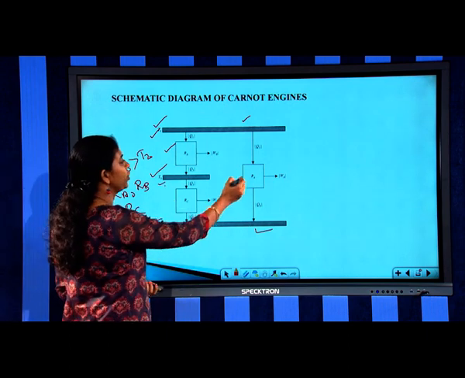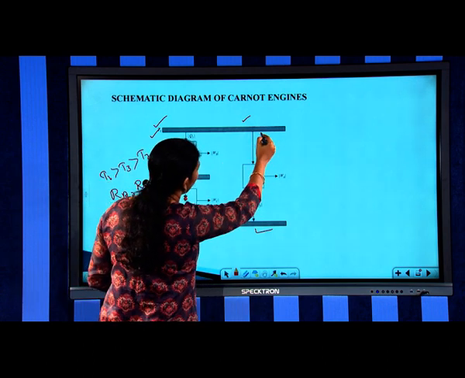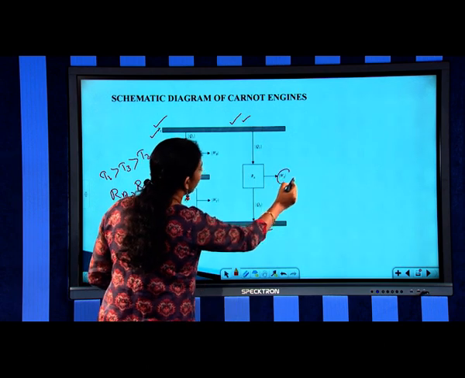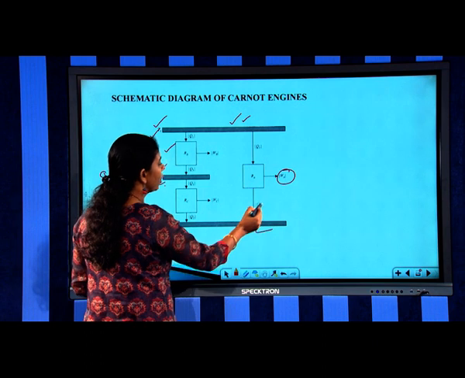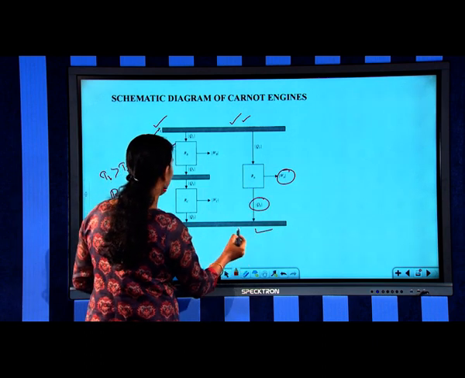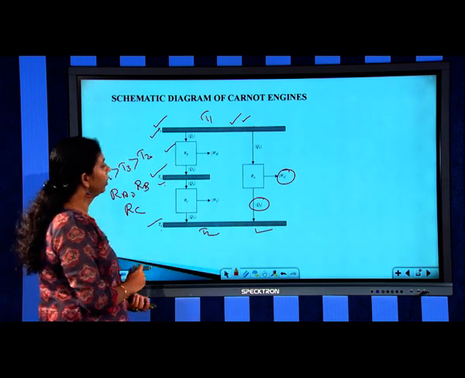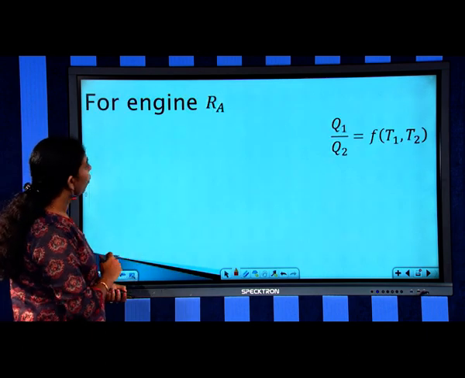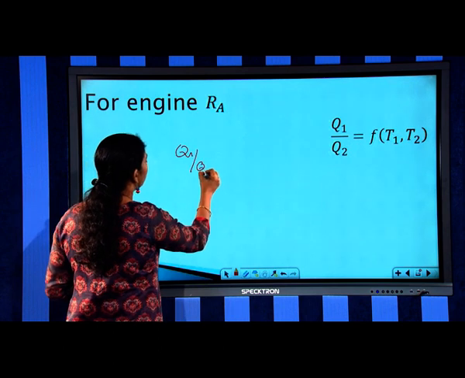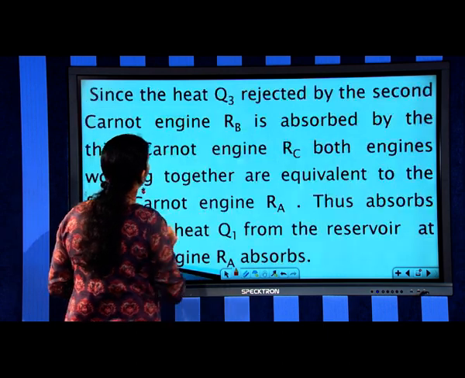Here the Carnot engine RA absorbs Q1 amount of heat from this reservoir, does work W, and rejects Q2 amount of heat to the reservoir which is at T2 temperature. Then for engine RA, Q1 by Q2 is a function of T1, T2.